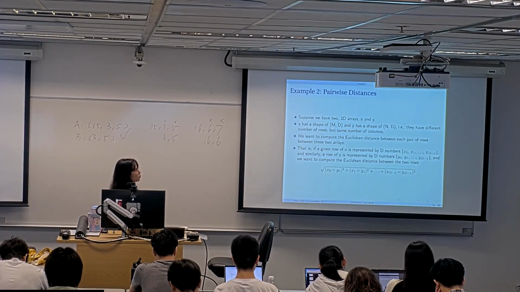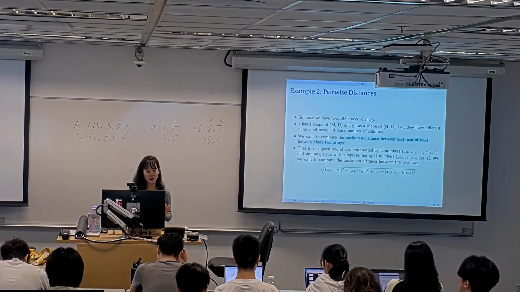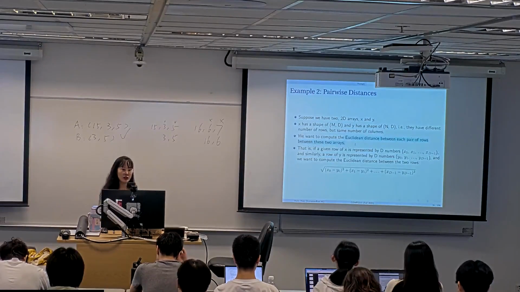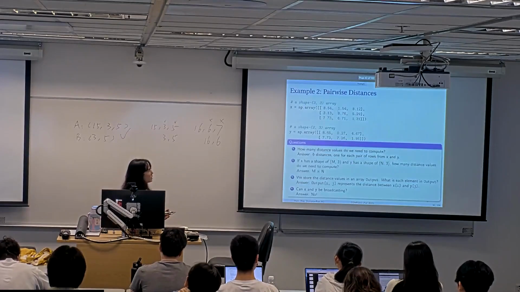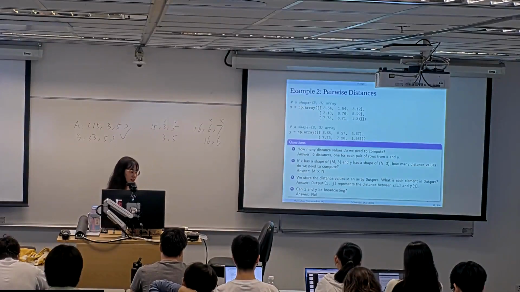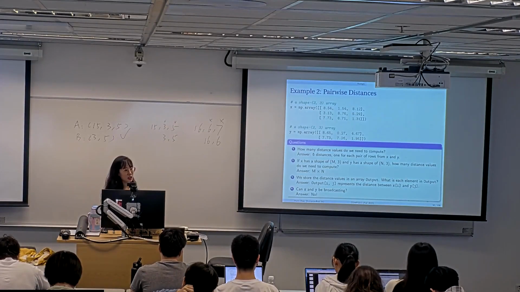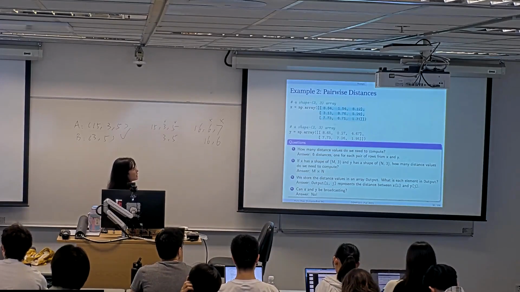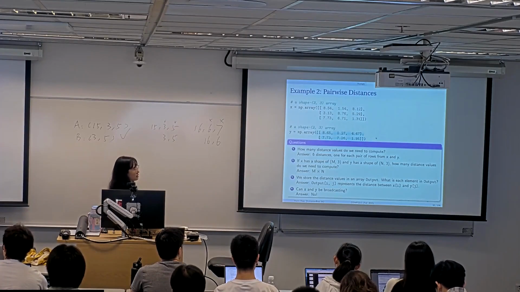And note that what we want is the Euclidean distance between each pair of rows of x and y. So for any row from x, for any row from y, we want to get the Euclidean distance. Here is an example so that you can more understand what I'm talking about. Suppose x is such a shape 3-3 array, and x has the numbers like this, and y is another shape 2-3 array, and y is something like that.